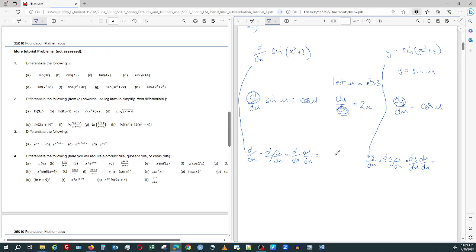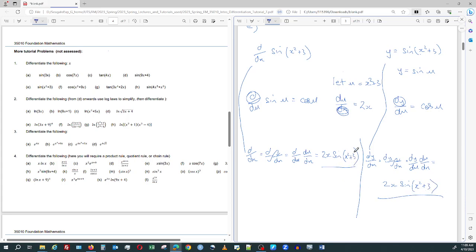So we put them together, 2x cos u, and u was x squared plus 3. So that's that part, and this will be the same, 2x cos of x squared plus 3. So we get the same thing.